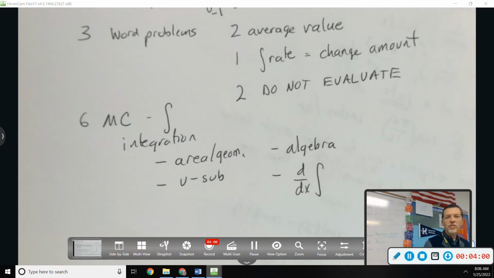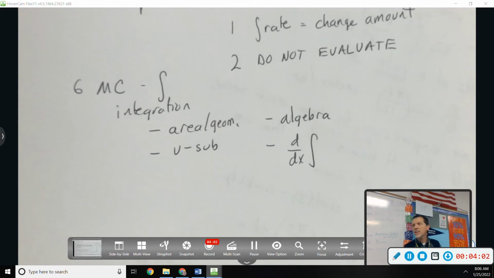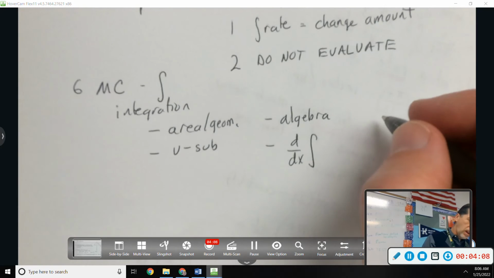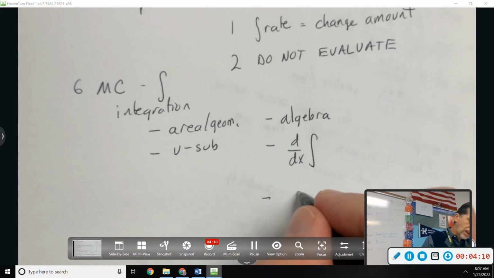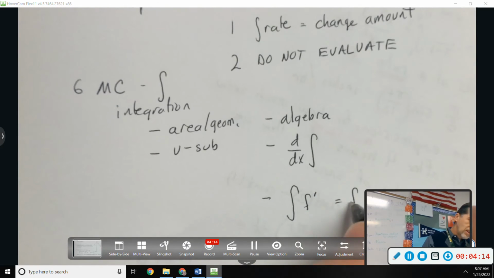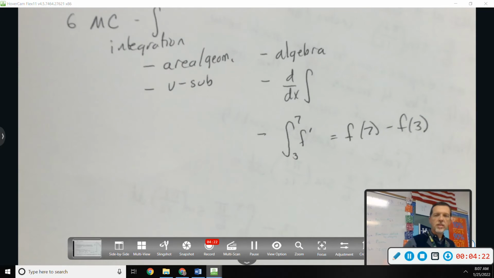That's probably our favorite thing to do because they just counteract each other. That's the easy thing. We like that. And then the other way is the antiderivative of a derivative. Gets us back to the original, but be careful with the limits.